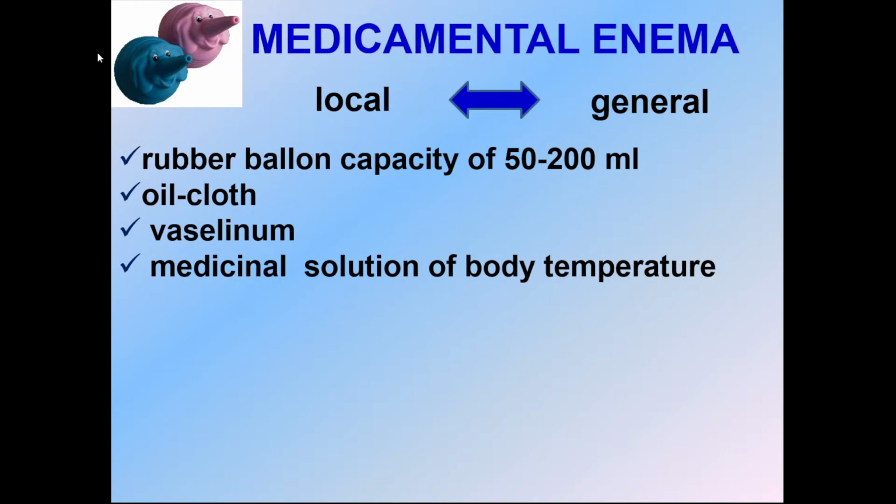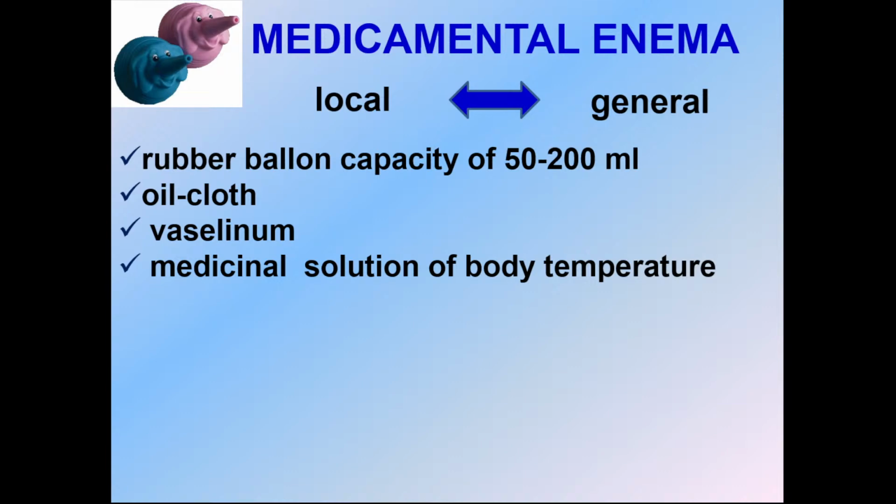For this purpose, we use a rubber balloon of not high capacity, from 50 to 200 milliliters. With local, usually 50-100 milliliters is enough, because we do not need intensive dilation of the intestine or stimulation of motility.